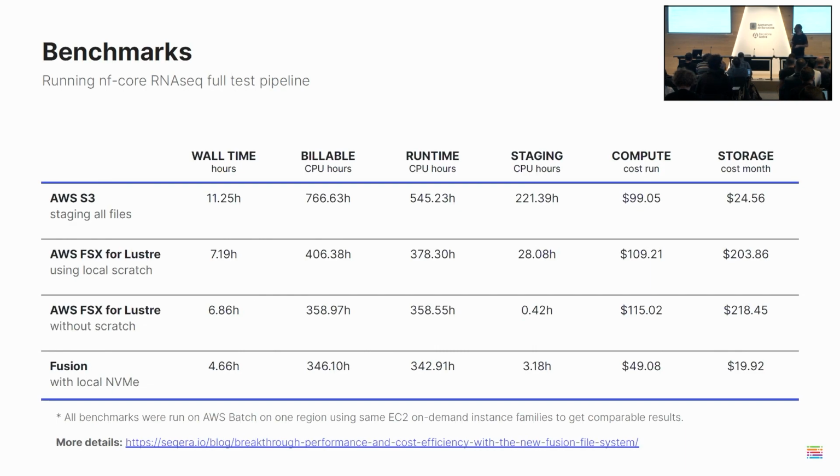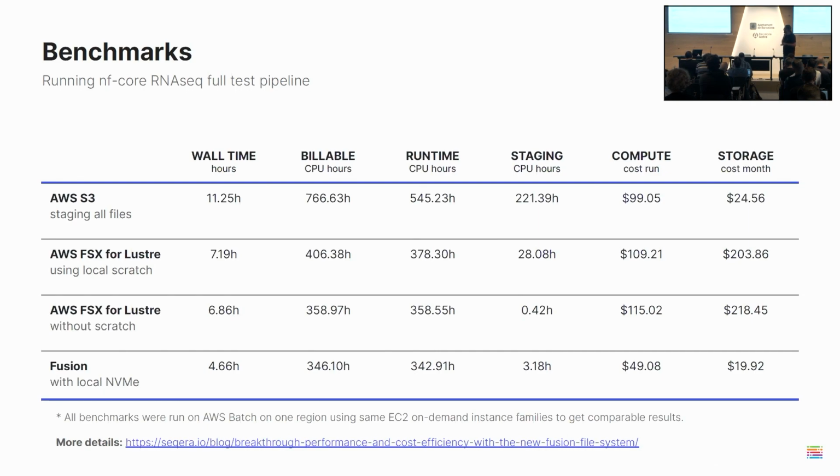What is very good here is that if you go to the staging hours, it's nearly 0.42. This was expected, because the Lustre file system guarantees consistency immediately. When you finish writing, it's already in the file system, so you don't have staging time, neither reading nor writing.